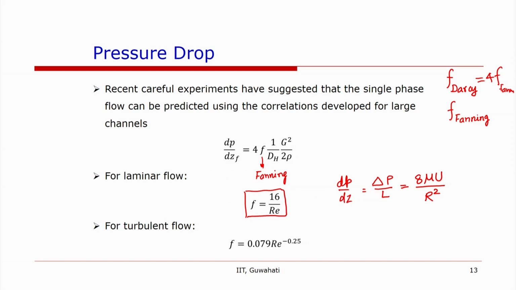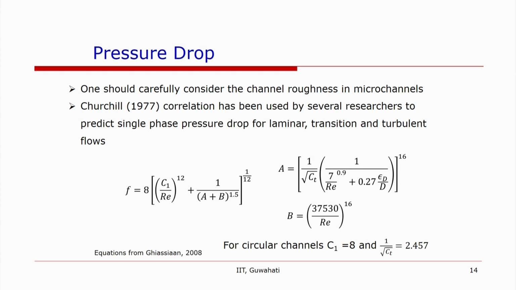And for turbulent flows, this is called the Blasius correlation, and it gives F is equal to 0.079 Reynolds number to the power minus 1 by 4. So, these are the pressure drop relations for single phase flow.